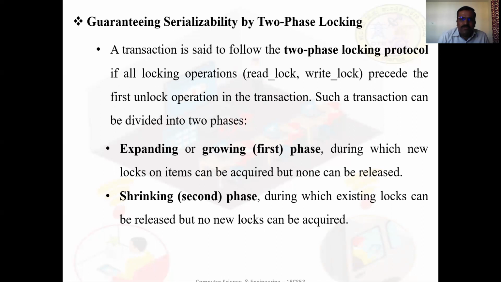In the shrinking phase, or second phase, existing locks can be released but no new locks can be acquired.